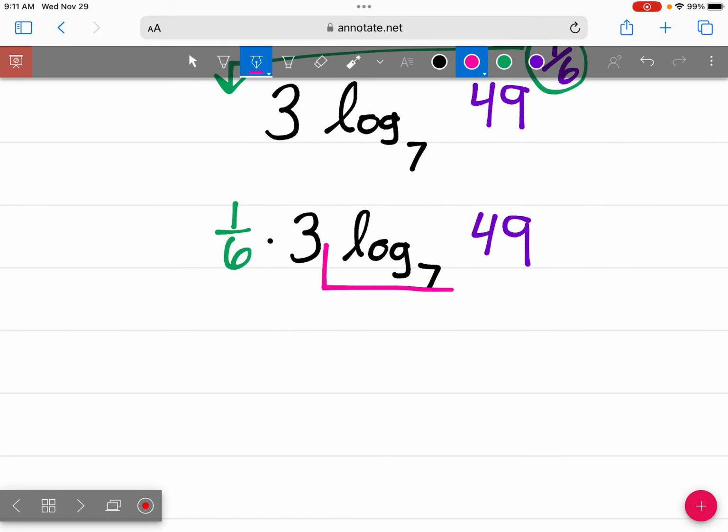So this whole thing just means 2. We have 1/6 times 3 times 2. So what does this equal? 1. That's a whole lot of work for 1, but it is what it is.